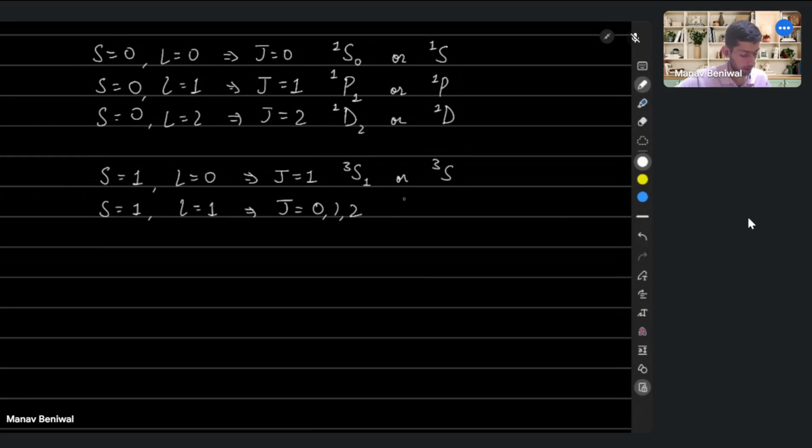So we will have 3P 0, 1, 2, or we can write it as 3P. When S is 1 and L is 2, our J can be 1, 2, 3. So this becomes 3D 1, 2, 3, or simply 3D.